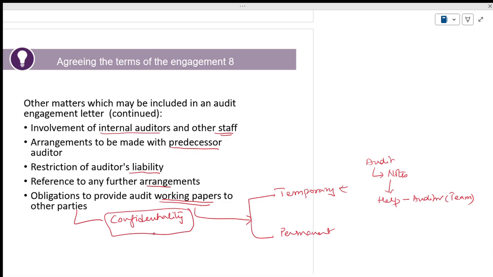We will cover what the temporary working papers and the permanent working papers are in the coming chapters. These other matters may be included in the audit engagement letters. Keep it in mind.